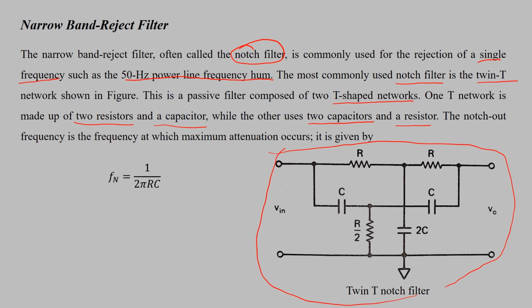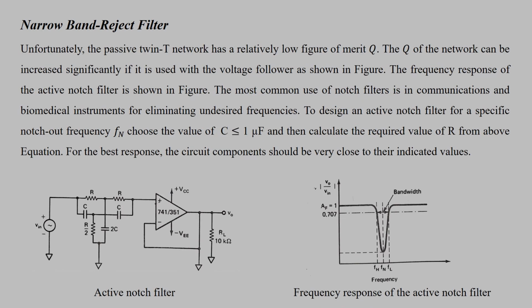It is Fn equal to 1 over 2 pi RC, where R is the resistance and C is the capacitance of this notch filter. Unfortunately, the passive twin T network has a relatively low figure of merit. The Q of the network can be increased significantly if it is used with a voltage follower.